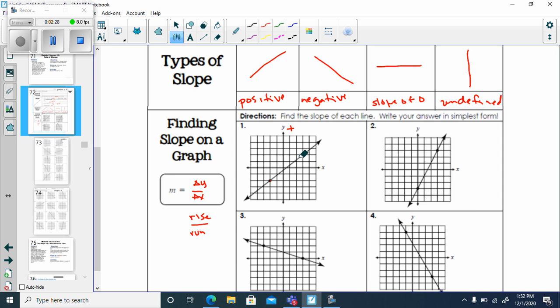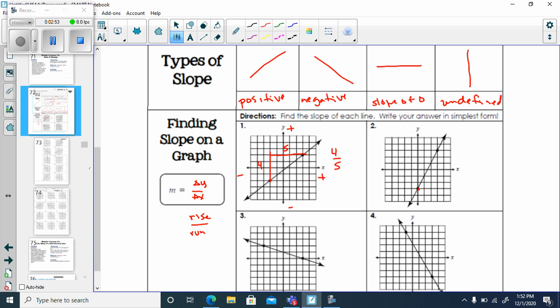Positive on the y-axis is up, negative is down. Positive on the x-axis is to the right, like a number line, and negative would be this way. So if I'm doing this one, I'm going up 1, 2, 3, 4, and over 1, 2, 3, 4, 5. This is up 4 and over 5. My slope is 4 over 5.